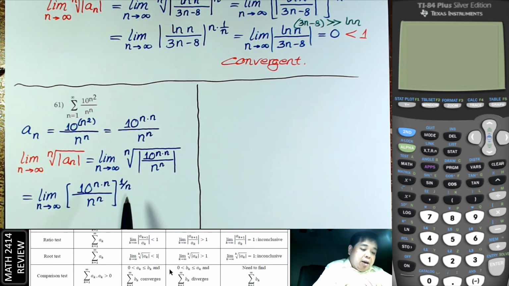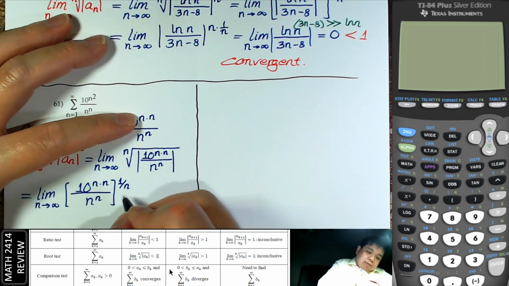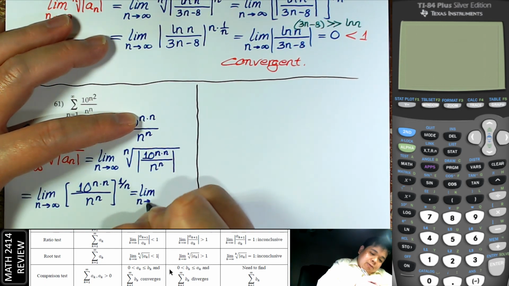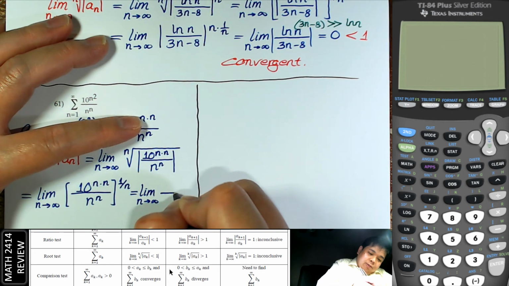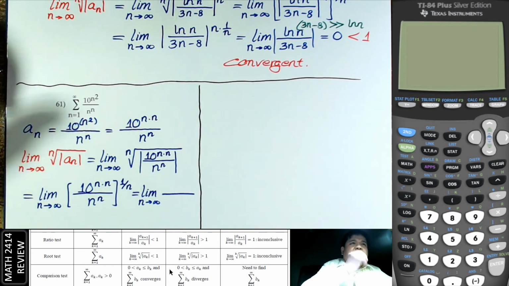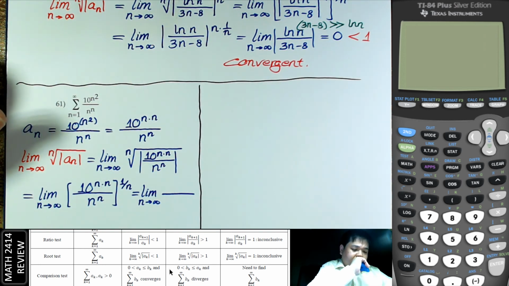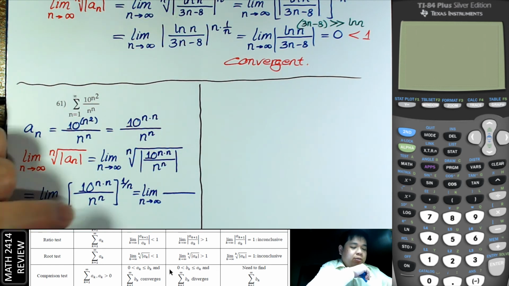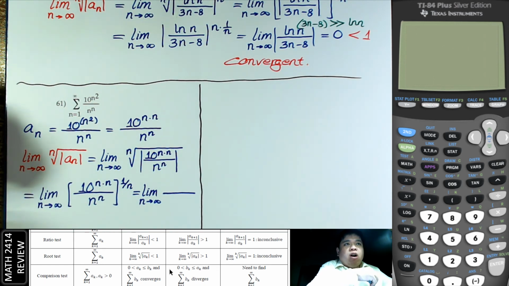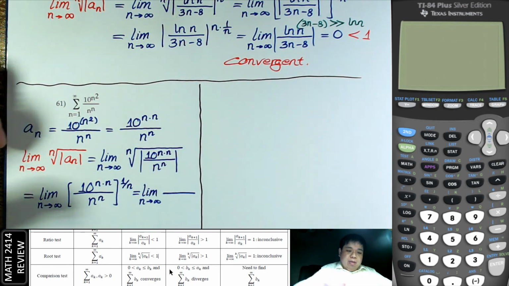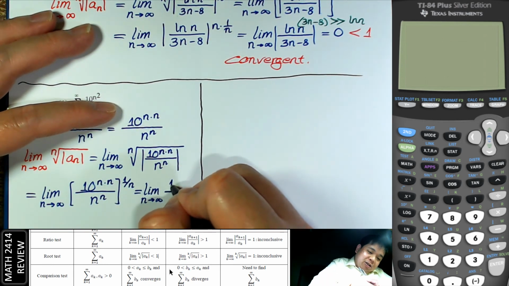Now we will take that power, go to the top and then go to the bottom. We should maintain the absolute values. Do we need the absolute values? Nah, because 10 to the n times n is positive. The bottom is positive. So absolute values or not, it doesn't matter. It's positive anyway. So the root doesn't matter.